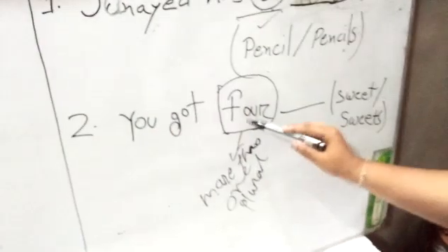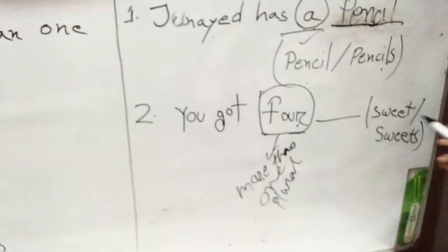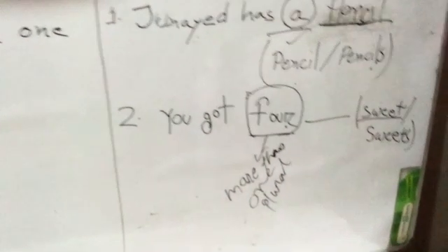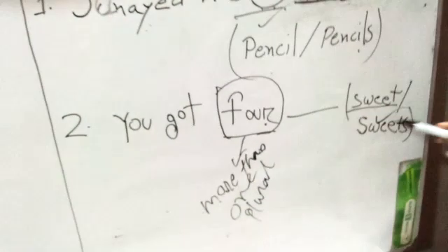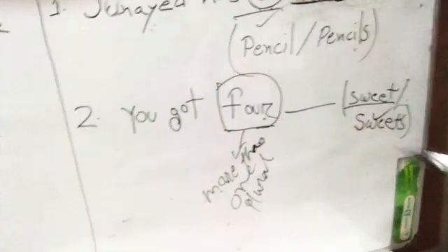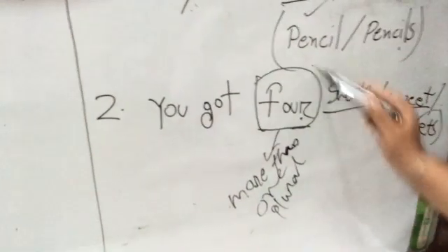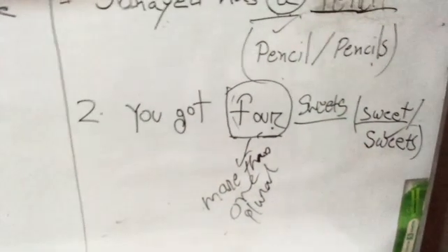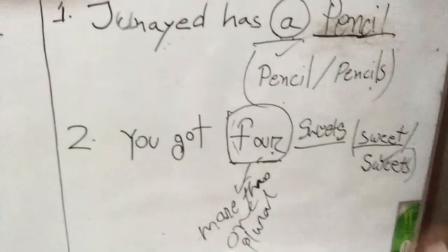So, you got 4 what? If it is plural, then I have to choose the S at the end of the word. Is there any S at the end of the word sweet? No. Where is the S? In the second option, and that is sweets. You got 4 sweets. As we know, 4 is actually more than 1. So to mean more than one thing, we have to indicate a plural number, and that will be sweets.